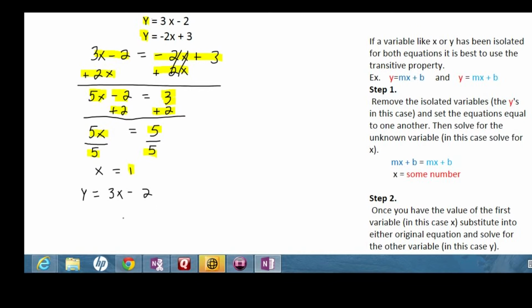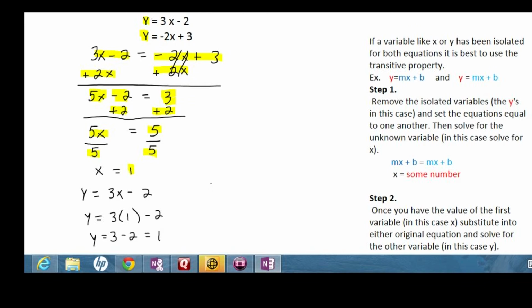Remember, in order to find a coordinate, you need an x and a y, not just x. So here I have y equals 3 times 1 minus 2. And I have y equals 3 minus 2, which is equal to 1.